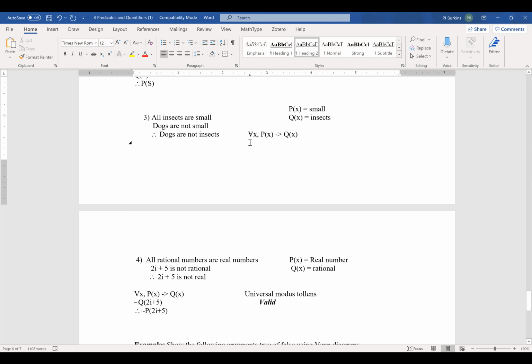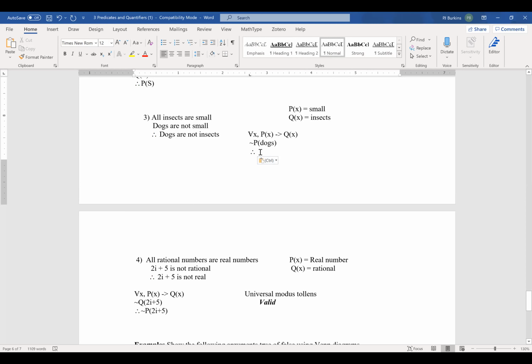Right, then it says dogs, so for before X is a particular animal, right? So dogs are not small, so that's not P of dogs. And the last statement says, therefore, dogs are not insects.